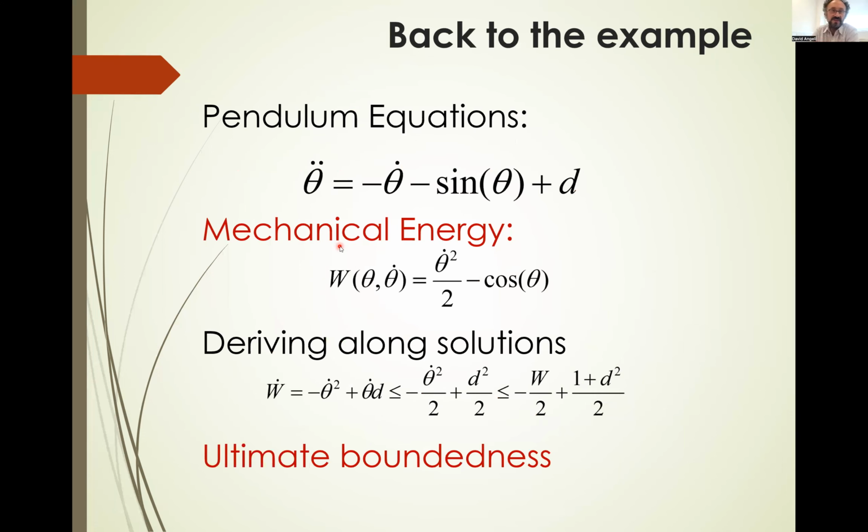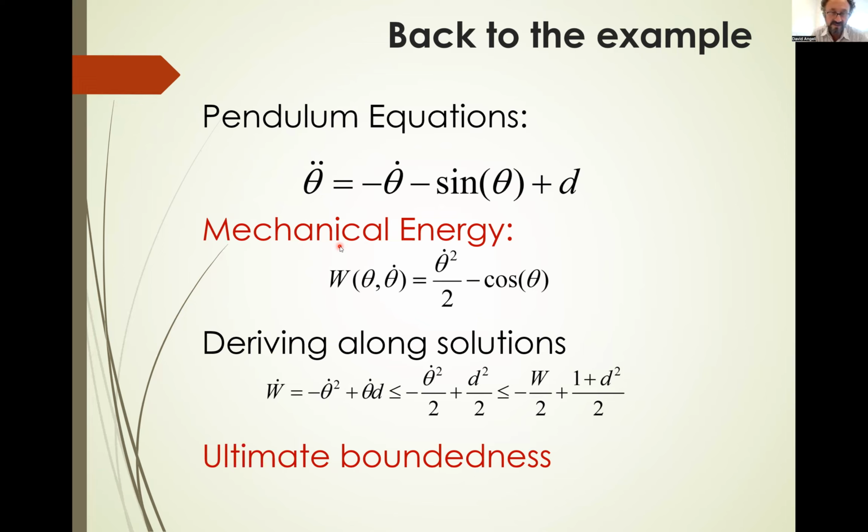So in this case, for instance, if you want to look at this example, you take the pendulum equation, you use the mechanical energy, you differentiate it, and you can find an upper bound using just a completion of square technique that allows you to replace the dissipation, which is in theta dot square.